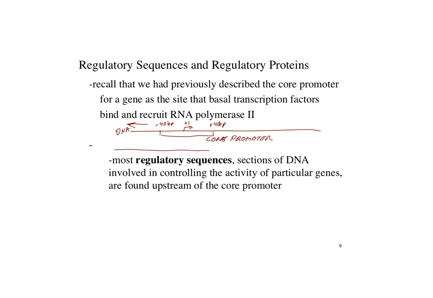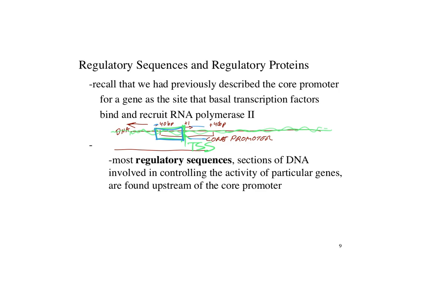Remember, this is our double-stranded DNA, and this was our +1 of transcription, the +1 of TSS. We showed you that the core promoter was just up here, but in the real world, it can be down here also. We're just going to talk about up here.